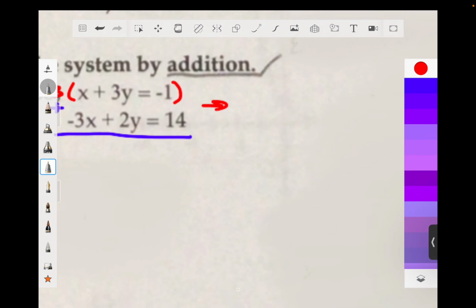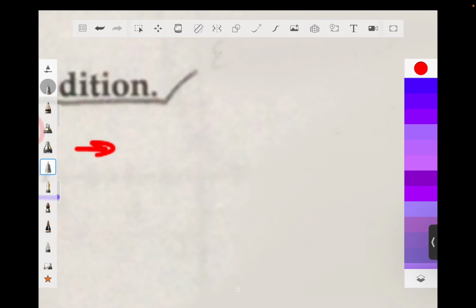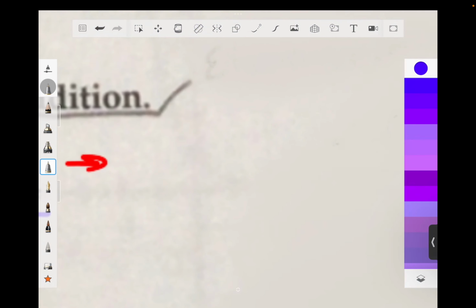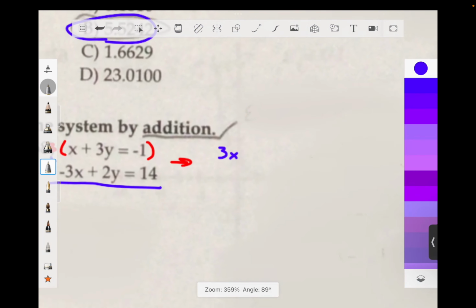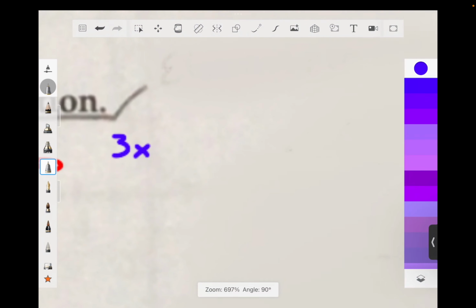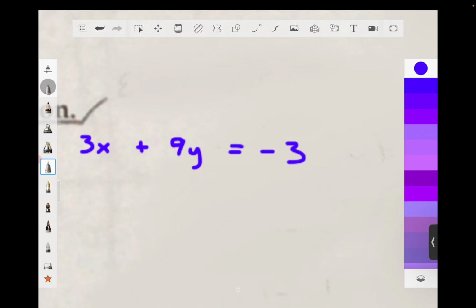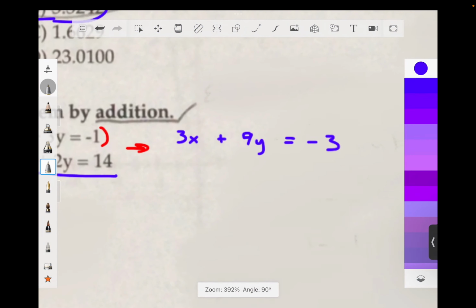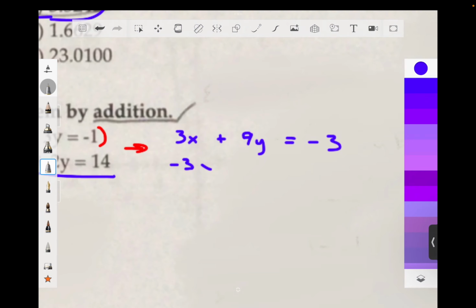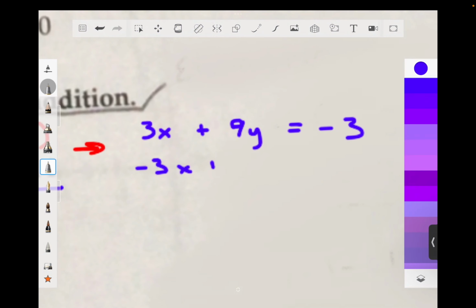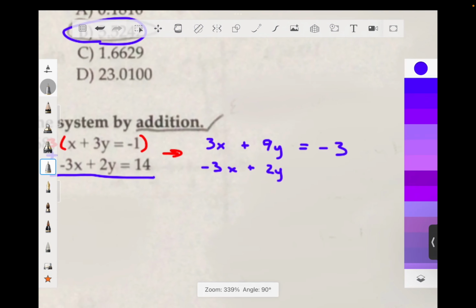So this becomes, I'll use blue for this, 3x plus 9y equals negative 3. This bottom is going to be negative 3x plus 2y equals 14.